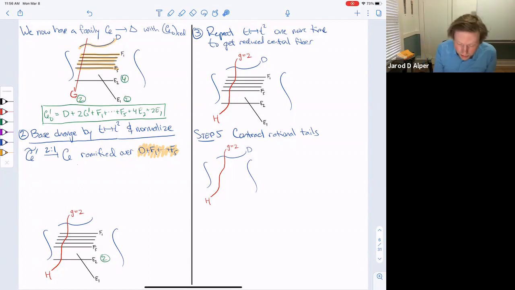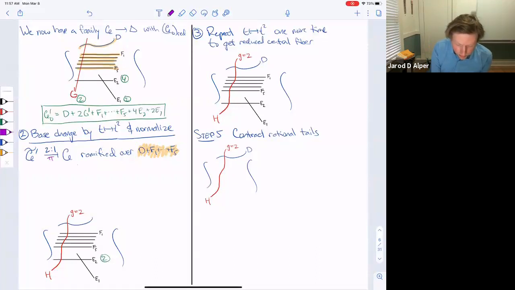And so now we compute the base change, t goes to t squared, and normalize, and we know what we're going to get is going to be ramified over D plus F1 all the way to F5. And so we do the same sort of Riemann-Hurwitz calculation to determine the preimages. Let's call this map pi again.